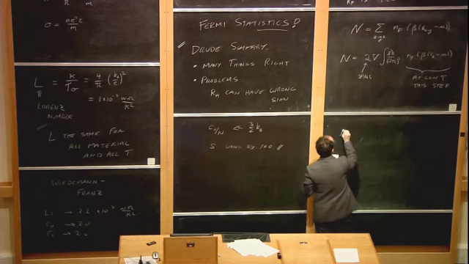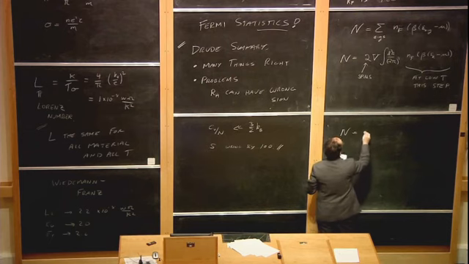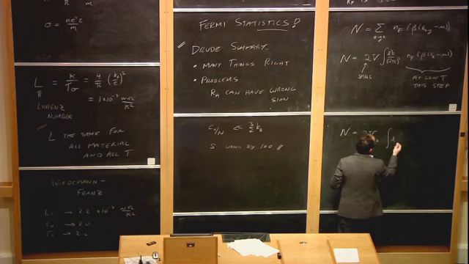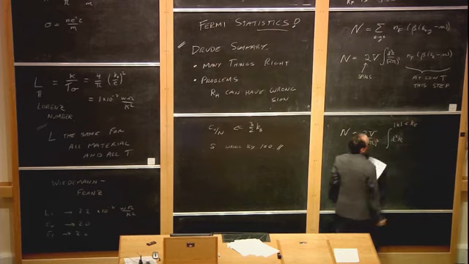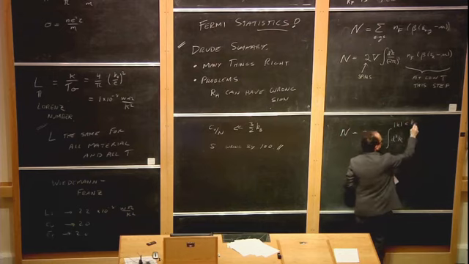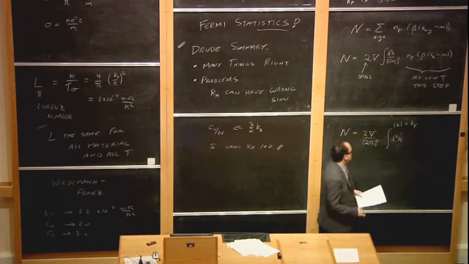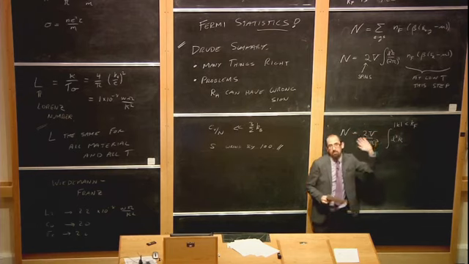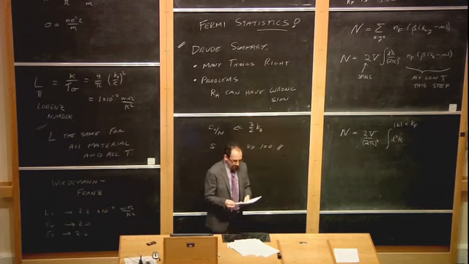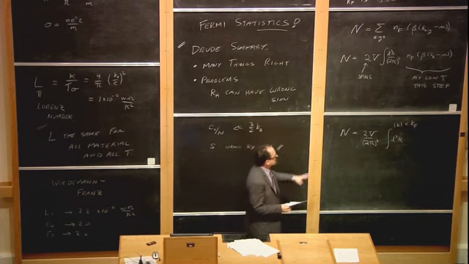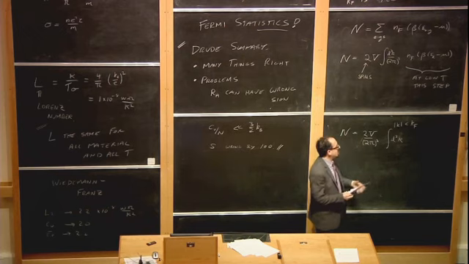So we can rewrite N as 2V over (2π)³ times the integral d³k up to k less than k_F. Saying that the absolute value of k is less than k_F, the Fermi momentum, is equivalent to saying the energy must be less than the Fermi energy. Good? Yeah? Okay.